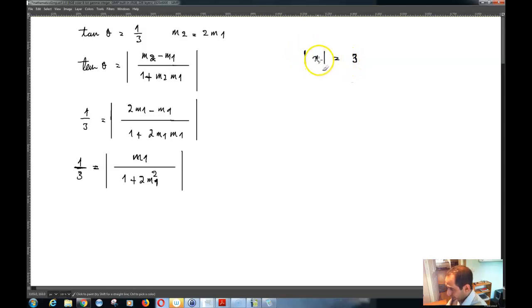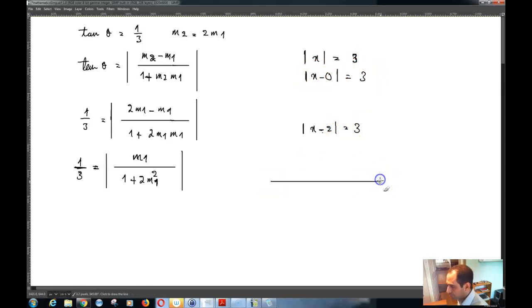What I'm really saying is that in the previous case I said that the absolute value of x minus 2 is equal to 3, and what this meant was that the distance between this number x and 2 was 3 units. So I can write this in the same way: x minus 0 is equal to 3, and what that means is that the distance between 0 and x is equal to 3 units.